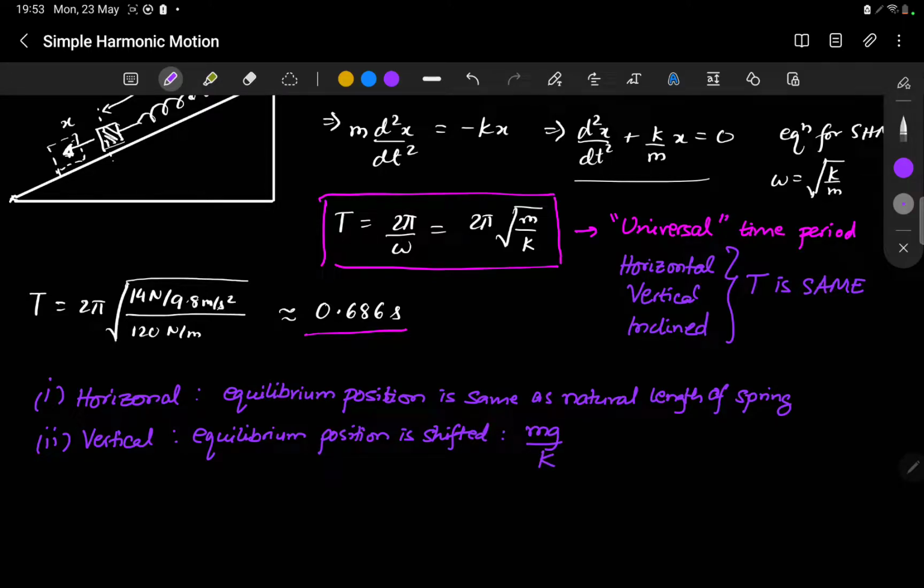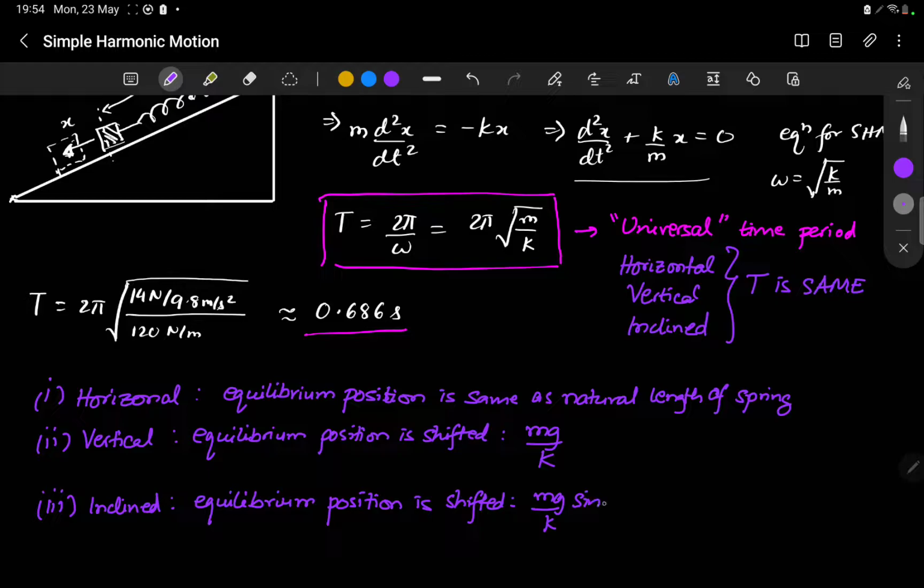So it is natural length plus mg by k. That is the total length of the spring in the equilibrium for vertical case. In the inclined case, this shift is determined by the angle of inclination. So equilibrium position is shifted by a distance mg by k times sine theta along the incline.